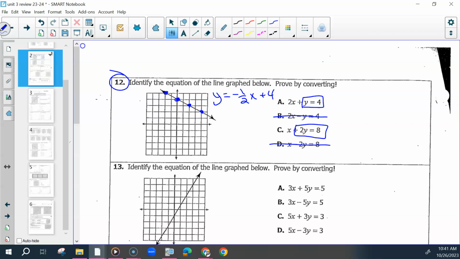So now we've eliminated two of them, and we can solve both of those to figure out which answer it would be. Yes? Why did they do it? Because we're going down and to the right or up and to the left. Only one of the directions is the same. So here, if I were to subtract 2x to both sides, that does not match this, so it would have to be C. You could solve it to confirm.